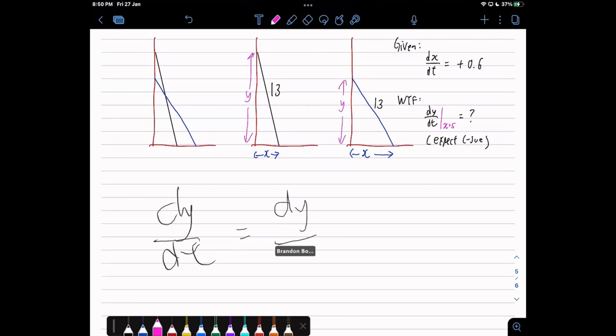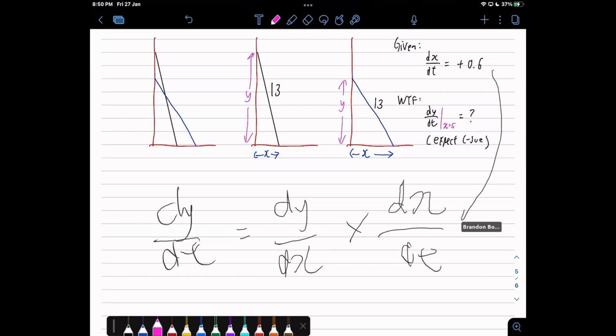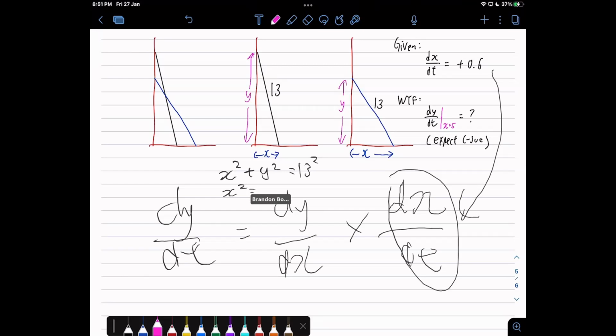Split. Yes. Good. Positive 0.6, good. dy by dx. Yes. Good. You want dy by dx, y on top.